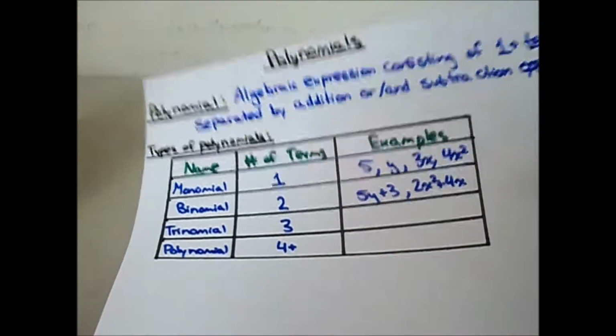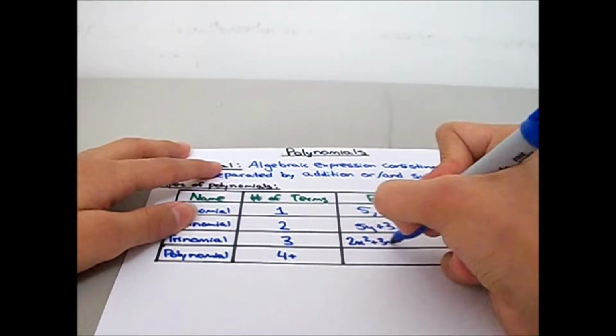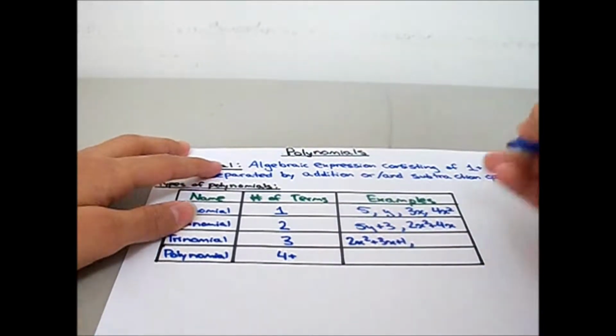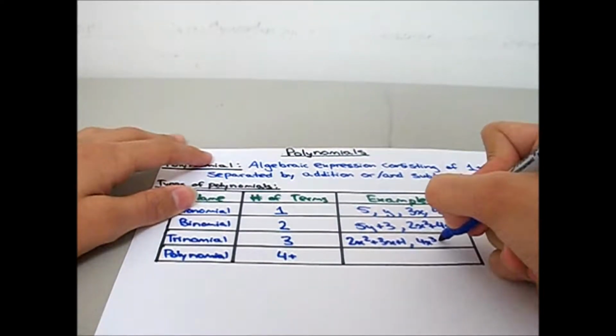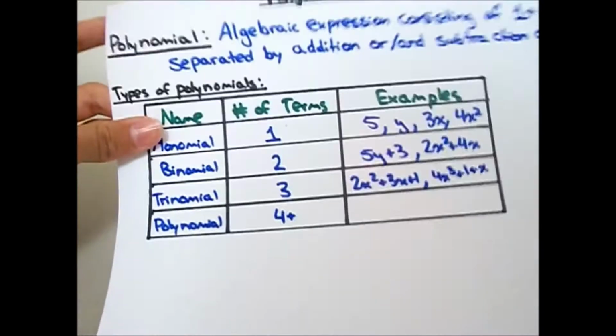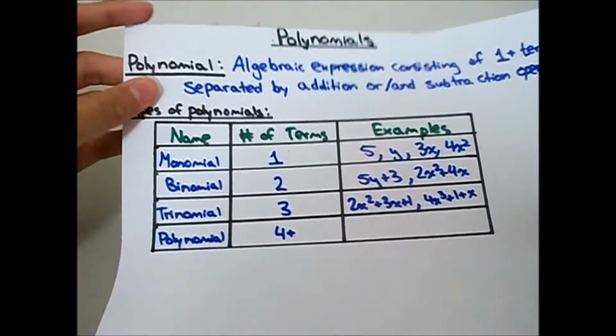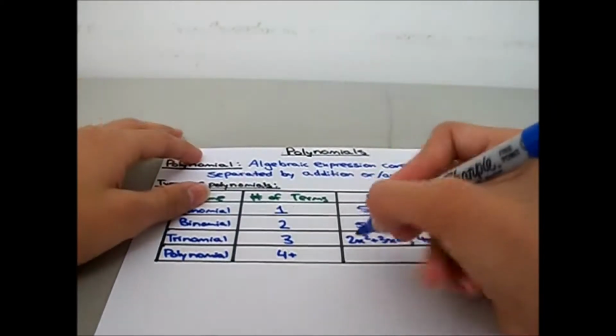Trinomial with three terms: 2x squared plus 3x plus 1, or something like 4x to the power of 3 plus 1 plus x. Polynomial, four or more terms, sorry.